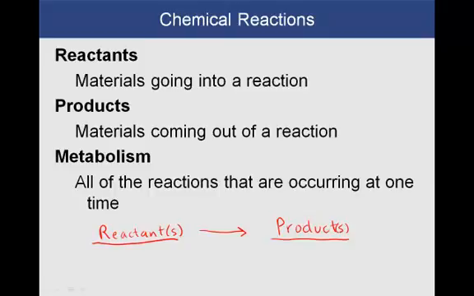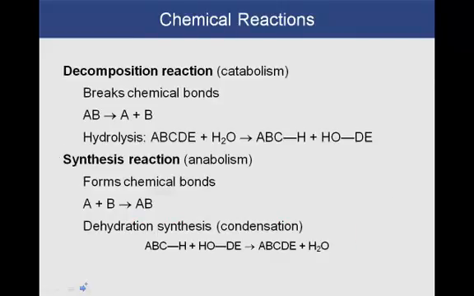Metabolism is the sum of all chemical reactions that occur within our bodies. And there are different types of chemical reactions, which we're going to talk about in this objective. Decomposition reaction, also called catabolism, breaks chemical bonds.